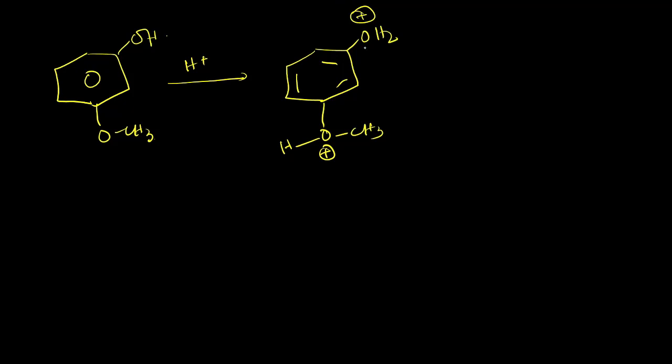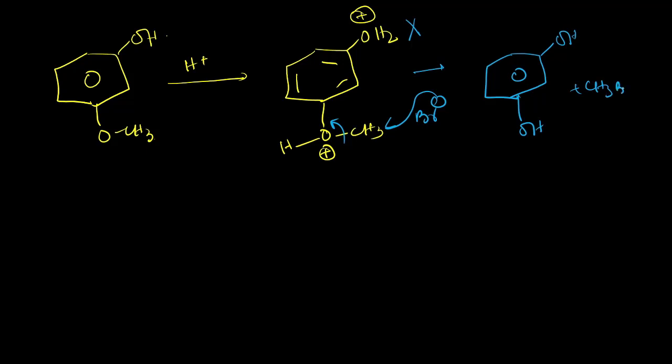If we break this bond, again we have positive charge on an sp2 carbon, which is not a great thing, so this type of bond dissociation is not possible. Now in this case we have two cases. If we break this bond, again we have positive charge on an sp2 carbon, which is not a good sign. But if we break this bond, this can be possible. So Br minus will approach this carbon and this bond will be broken. Then finally we will have this kind of situation, OH along with CH3Br.